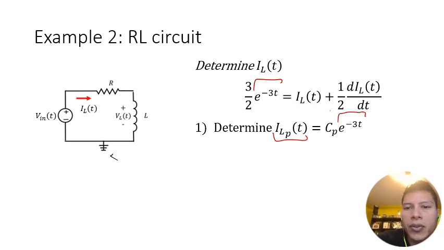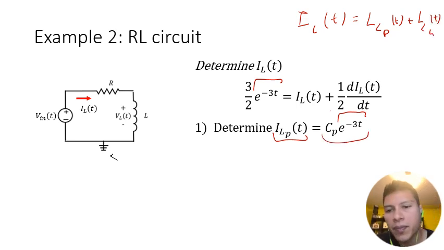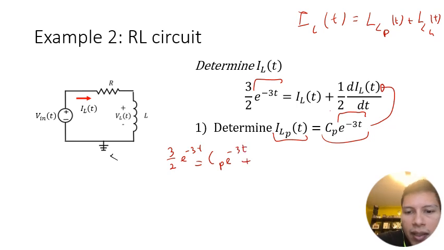And remember, the total solution I_L of t is equal to I_L particular of t plus I_L homogeneous of t. So this is without the homogeneous part of the solution. And now we're going to plug this into our differential equation. So we're going to have 3 over 2 e to the negative 3t equals C particular e to the negative 3t plus 1 over 2 d/dt of e to the negative 3t.